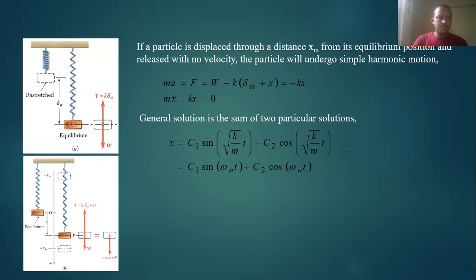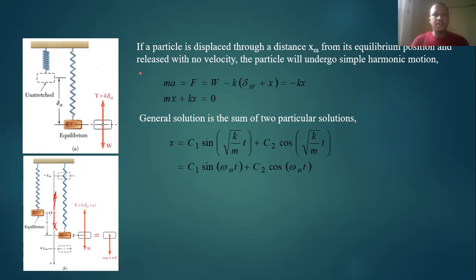This is the initial unstretched position, then when mass is added it deflects by some delta S. That means the position where mass times gravity is equal to k times delta S. After this equilibrium position, we further disturb the system downward or upward, and from that we can get the equation of motion for such a system.